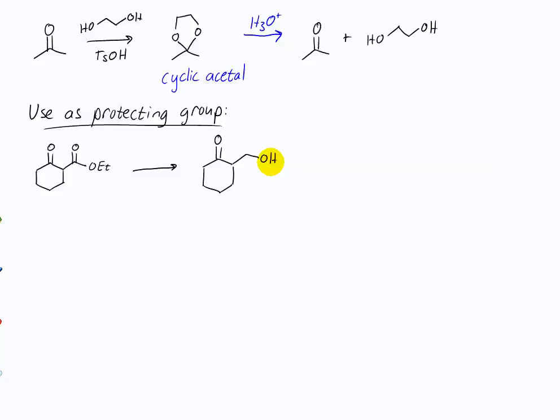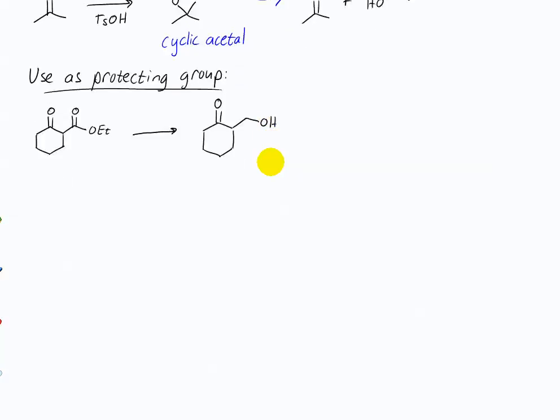Aldehydes or ketones are much more reactive than esters. So if you were to use something like lithium aluminum hydride, you would actually reduce the ketone and leave the ester alone.